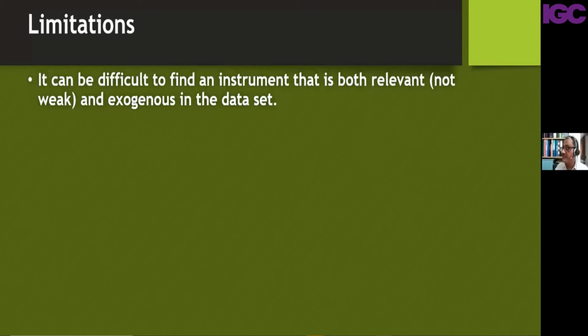So in the instrumental variable method, you have to be really creative in finding a relevant and an exogenous instrument. And people often come up with quite weird looking instruments, which may be completely unrelated to the program in question. But this is the main difficulty.